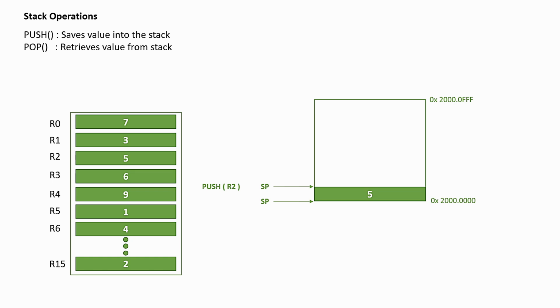And as I mentioned, ARM Cortex-M has a 32-bit data address. So the stack pointer actually moves by four bytes. For example, the address is subtracted by 4 and the stack pointer moves to that.